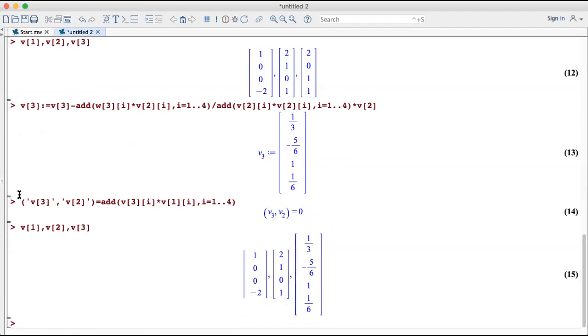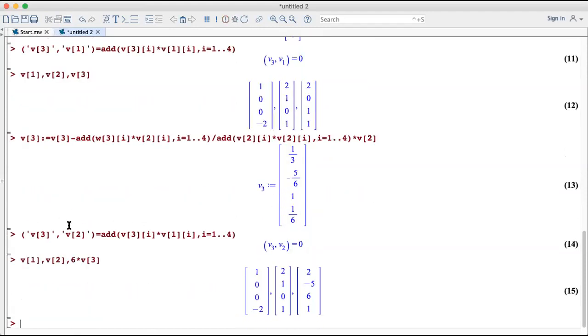Okay, and these are all orthogonal now. And if you like, you can say I don't like these denominators here, so I take 6 times 3. This is something in which you have to take a given set of vectors and turn it into a set of orthogonal vectors.